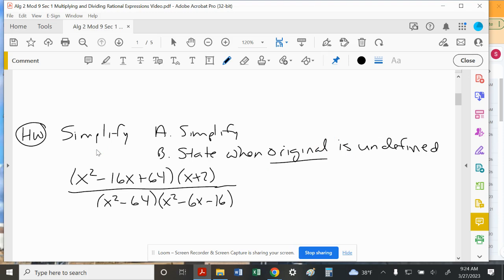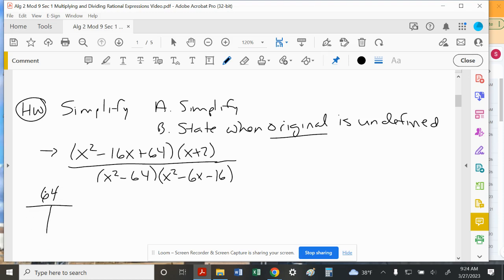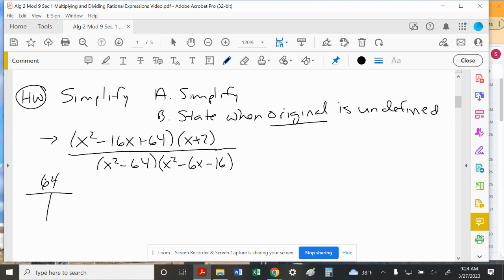So first thing is we want to factor. So we're going to factor this one first. We want to find out all the multiples of 64 that are going to add up to negative 16. Now, of course, remember, this is a positive. Positive tells me that the signs have to be the same. This negative tells me they both have to be negative. So if we look at different numbers there, we can see that negative 8 plus negative 8 is negative 16.